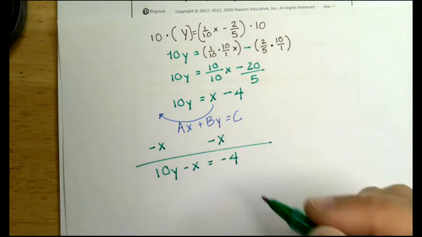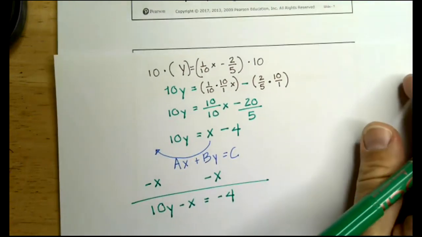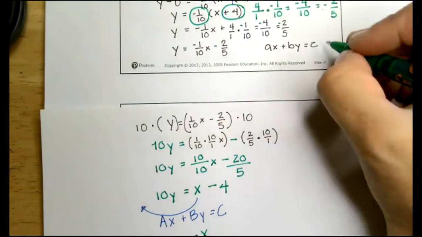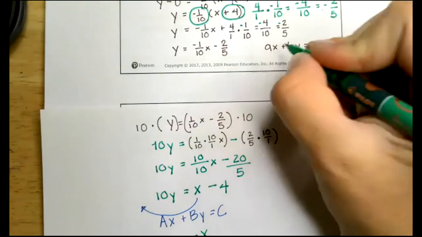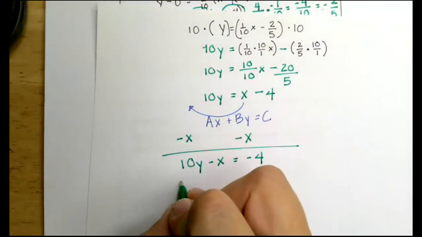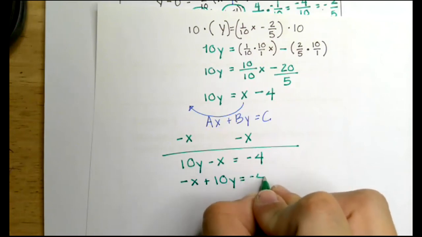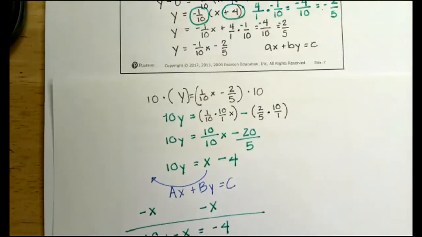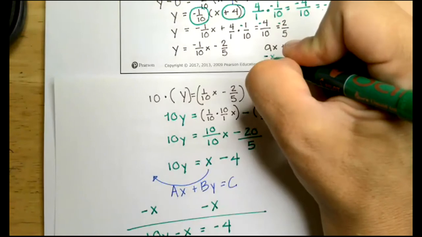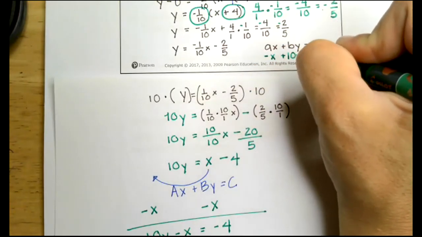That is my standard form. Oh, sorry, gotta put the x first. -x plus 10y equals -4. Wonder if they would mark that wrong. -x plus 10y equals -4.